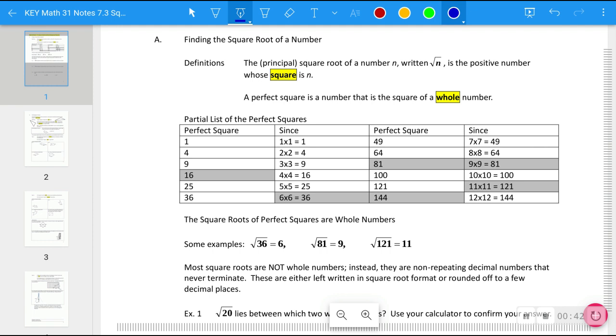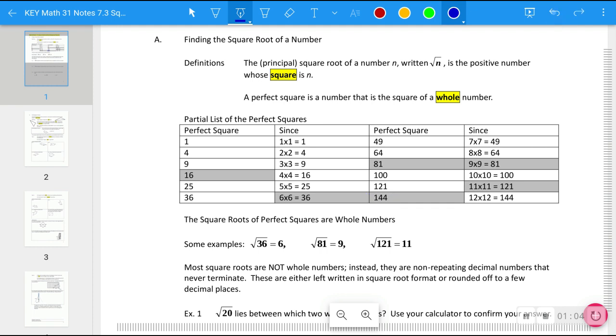So, for instance, 9 is considered to be a perfect square because it's 3 times 3. The next perfect square is 16, and that would be 4 times 4. And most of the time in elementary school, you learn all the way up to 12 times 12. So the last perfect square that I have listed here is 144.